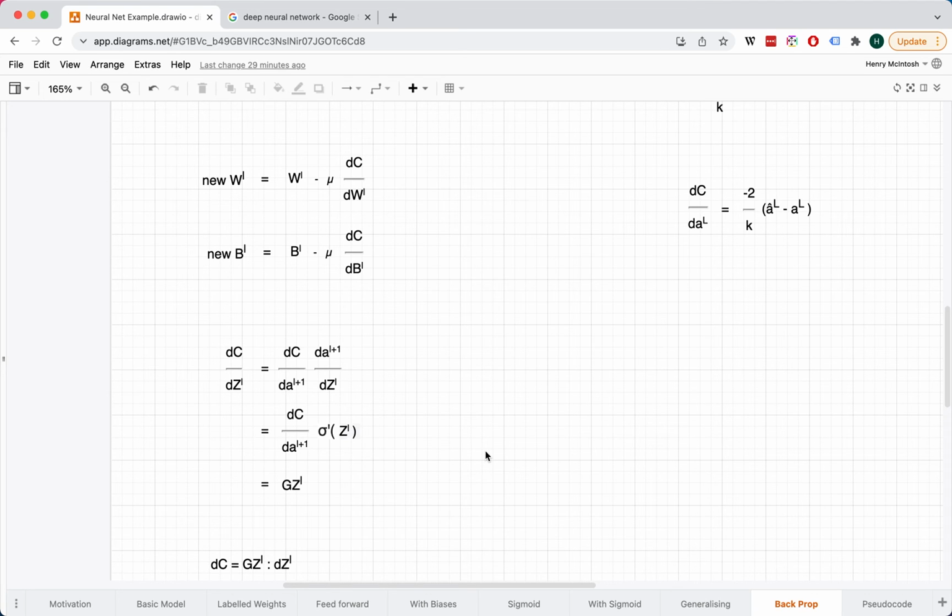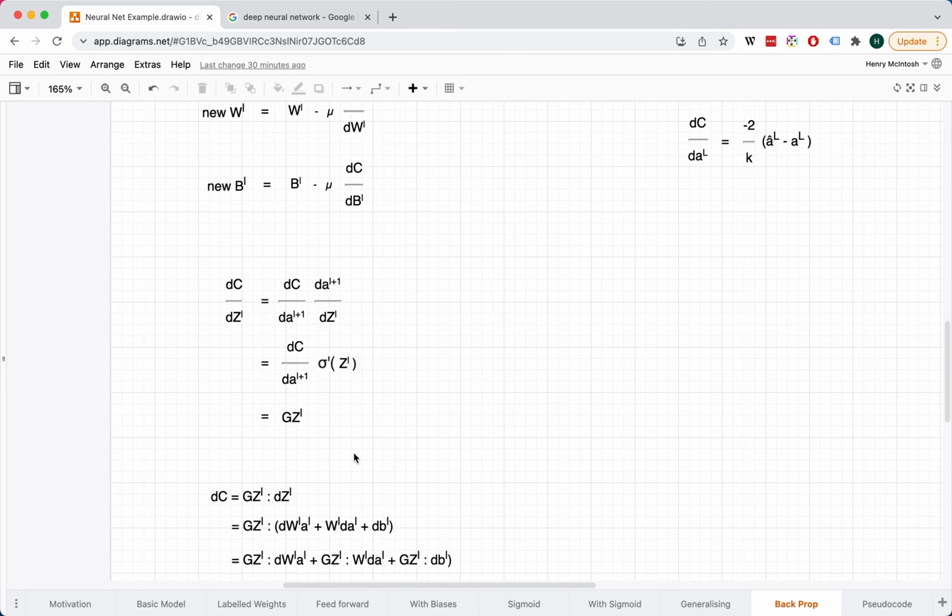So it's very easy for us to calculate in practice, but in the maths we can just leave it and show that it's the derivative with this little apostrophe. So I don't have to write this every time, I'm just going to use this abbreviation GZL, which is the gradient with respect to Z in layer L.